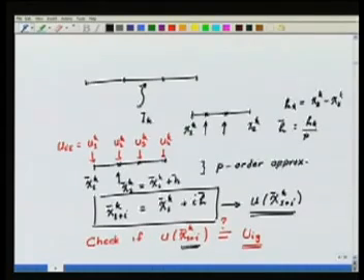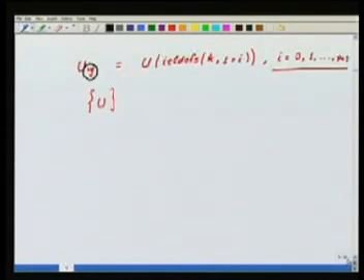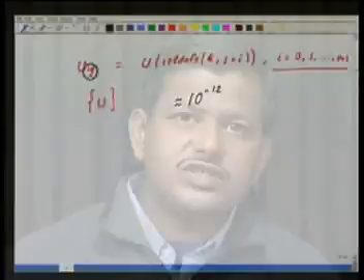So, if all these values are equal up to the last decimal digit, that is, the error between the two is 10 to the power of minus 12 or less, then we say our nodal values are sufficiently accurate, or up to numerical precision it is exact.